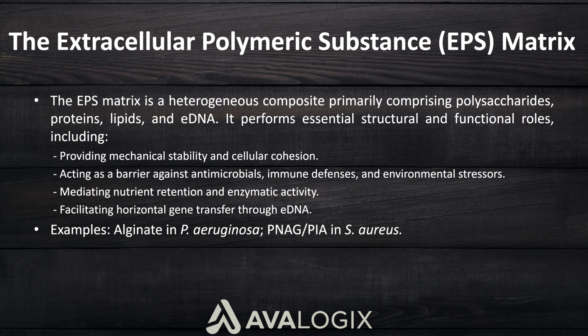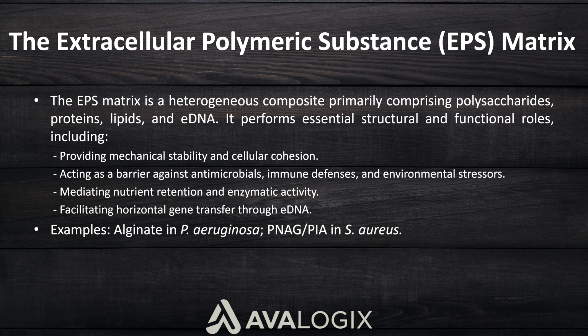Functionally, the EPS matrix supports nutrient capture and cycling. Enzymes embedded in the matrix break down environmental compounds, making nutrients more accessible. The matrix also traps eDNA, which plays a dual role. It's structural and a platform for horizontal gene transfer, enhancing genetic diversity. Different bacteria produce different EPS components.